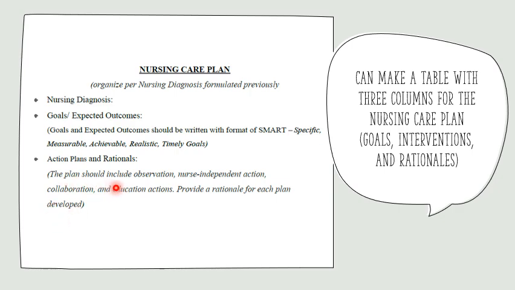You have to understand that the plan should include observation, nurse-independent action, collaboration, as well as education action. Then we do the rationale for every plan that we planned. So you can make a table with 3 columns: the goals and expected outcomes, the intervention, and the rationales.